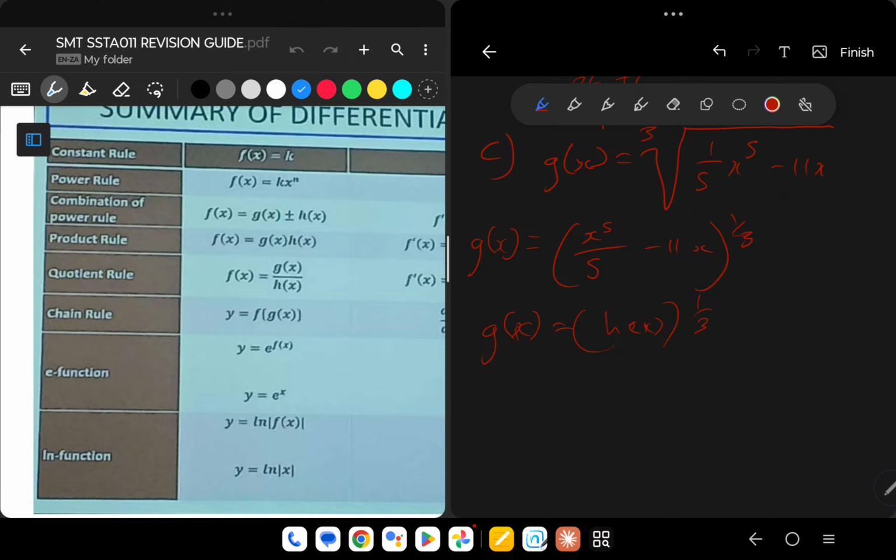So we basically have something of this kind: y is equal to g of h of x, like that.